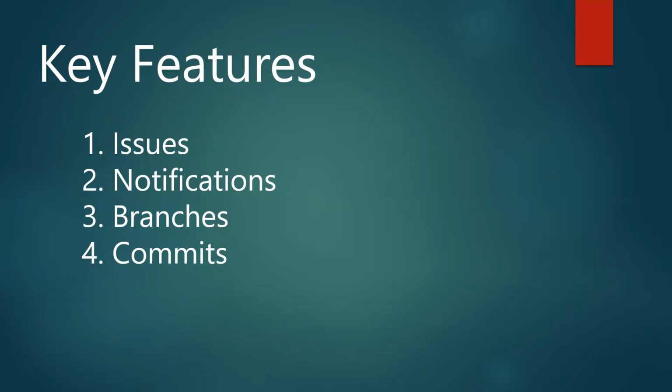Also, if any project edit has been done, we are able to get the notification. We can also decide whether to receive notifications via email, web, mobile, or both. And to keep track of all our notifications, there is also a GitHub notification dashboard, where we can easily get those notifications as well.